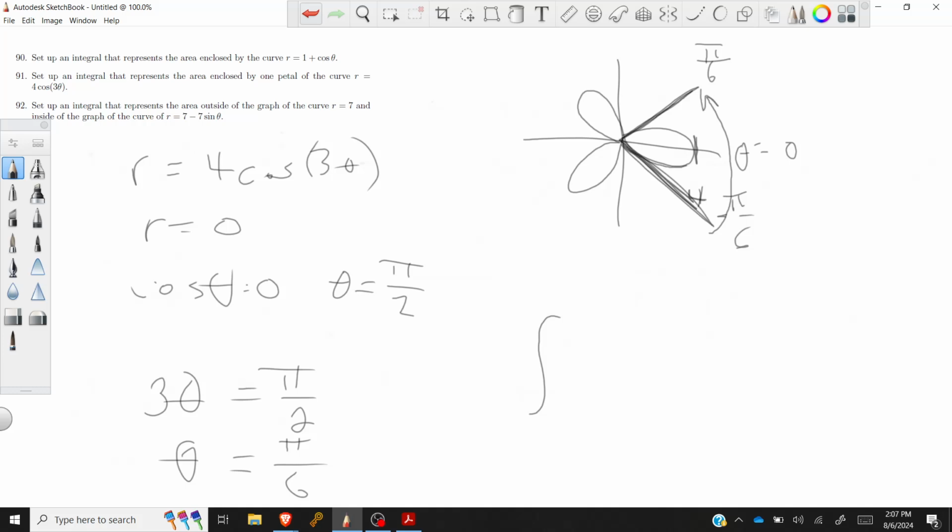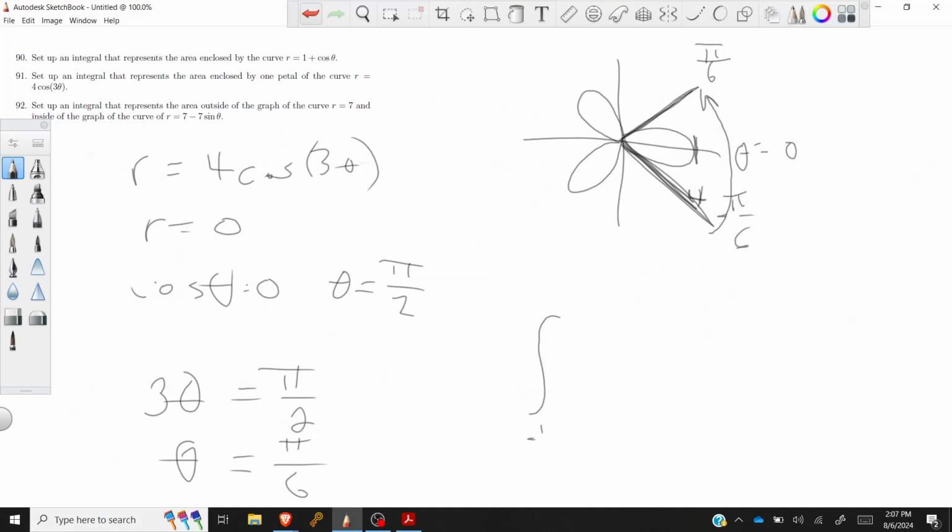As negative pi over 6 increases, it's growing in r all the way up till theta equals 0, which is the peak, because that's when cosine equals 1. Then as it increases more, it goes down, back to 0.